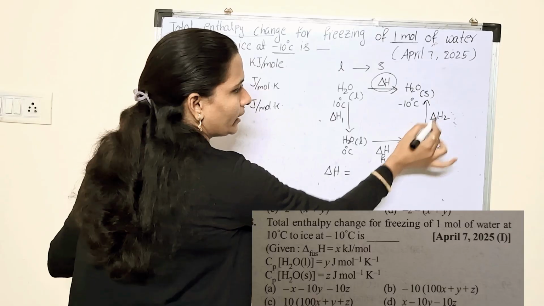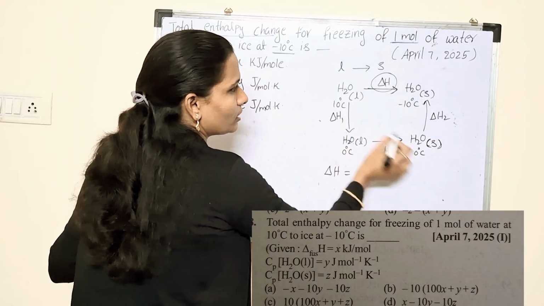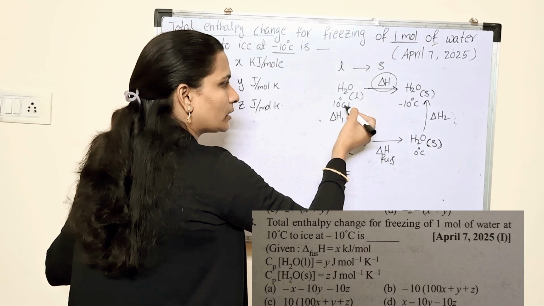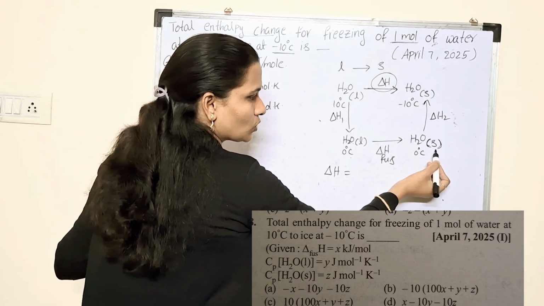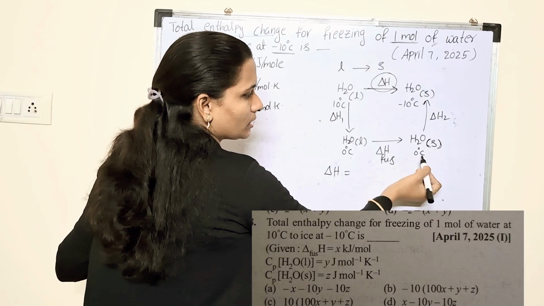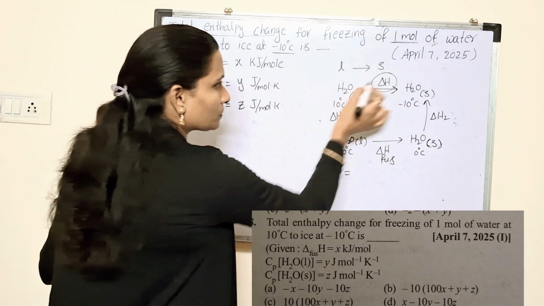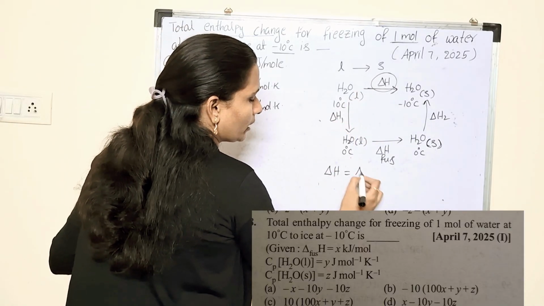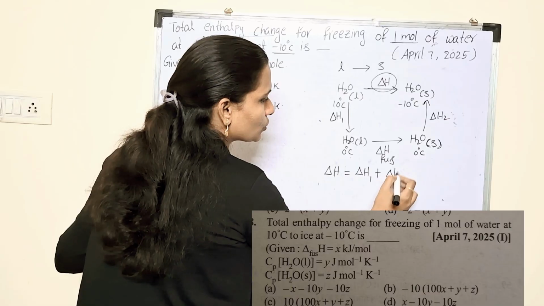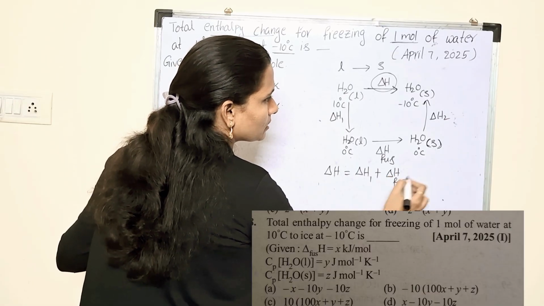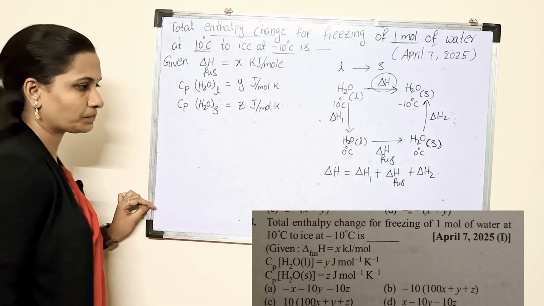First, liquid H2O at 10 degrees is converted into 0 degrees, then liquid is converted into solid at 0 degrees Celsius, then this solid is converted into solid at minus 10 degrees. So according to Hess law, delta H equals delta H1 plus delta H fusion plus delta H2.